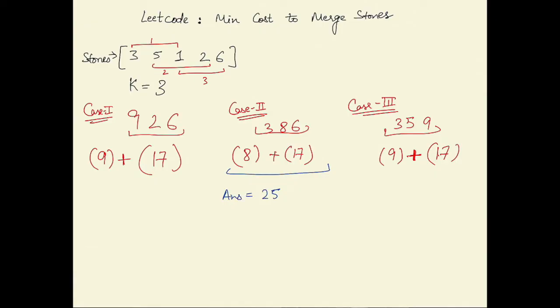So clearly the answer depends on which of these stones we choose to merge first, and it's a bit tricky. For this problem we will use the standard DP state transitions based on the length of the subarray we are considering.